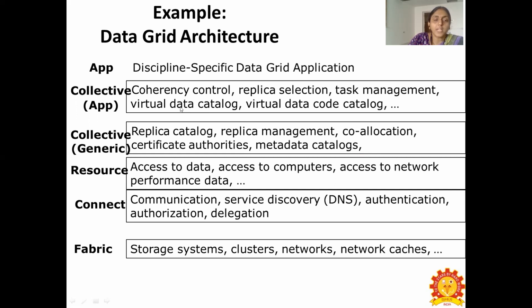And next layer is connect layer, which is mainly for communication, that is message passing, service discovery, authentication, authorization, and delegation. And the last layer is fabric, which involves the storage systems, clusters, networks, and network cache areas.